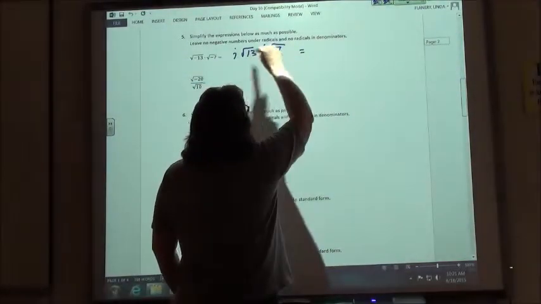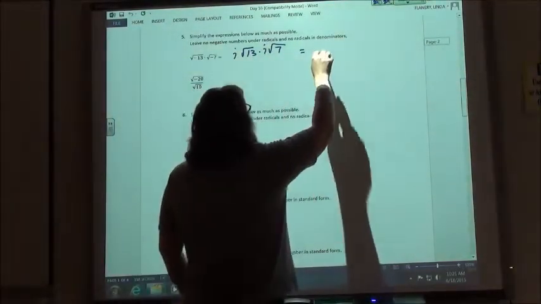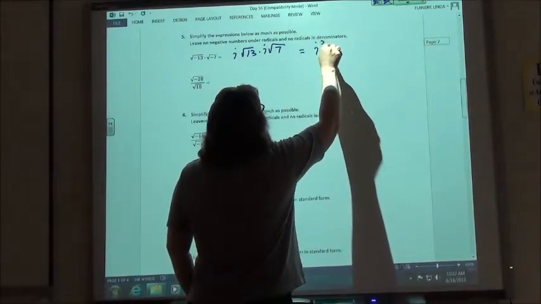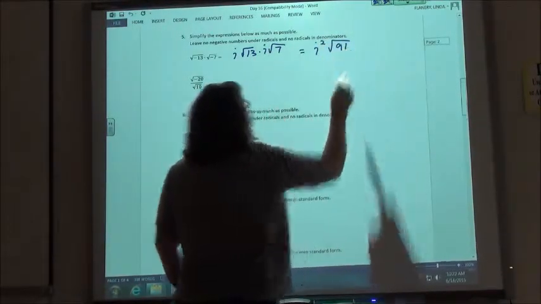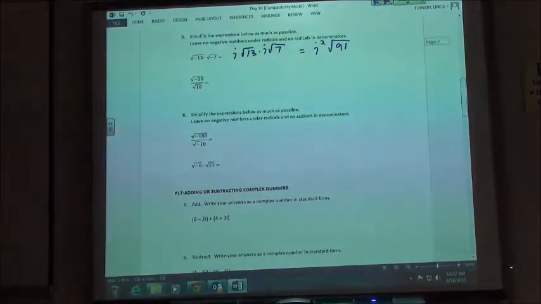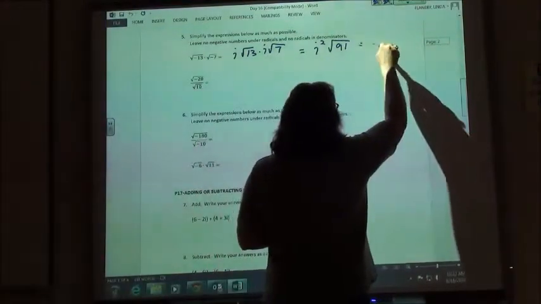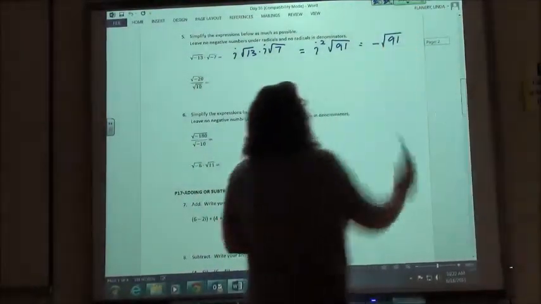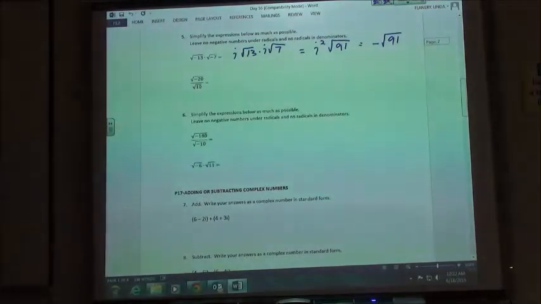I'm going to have in front i squared times square root of 91, right? i squared is equal to negative 1, so I'm going to replace that with a negative and make that negative square root of 91. I don't think I can simplify the square root of 91. I can't think of any perfect squares there.